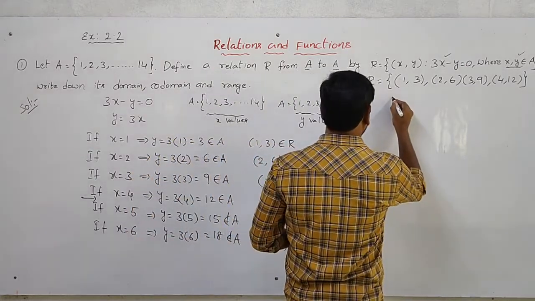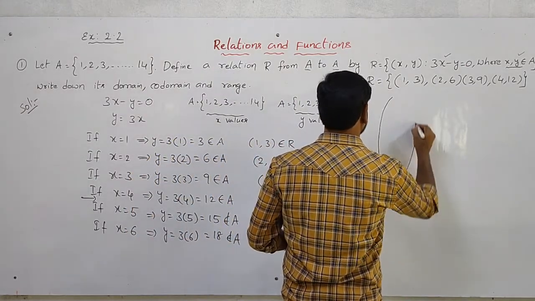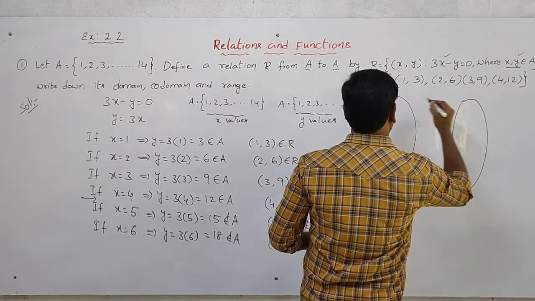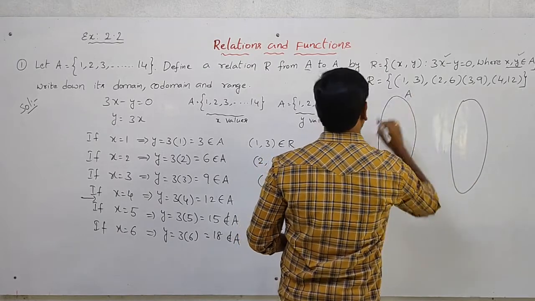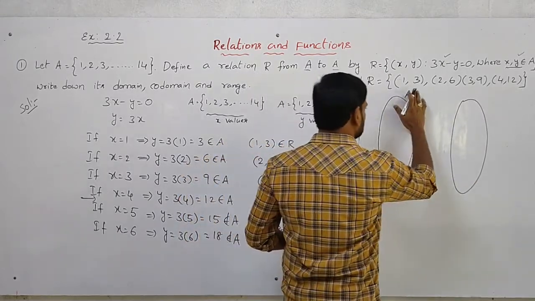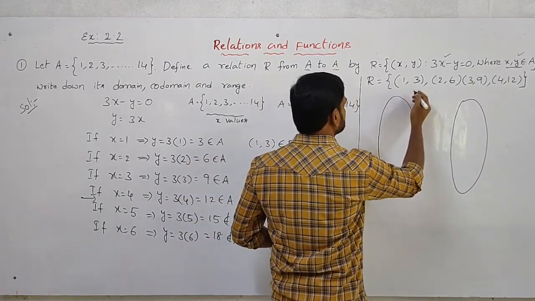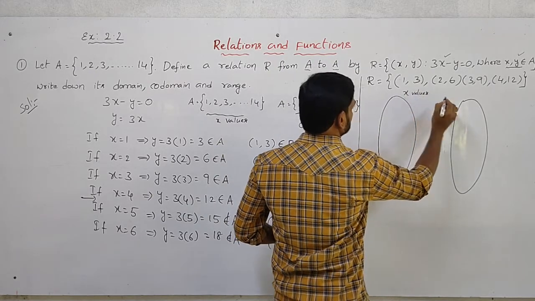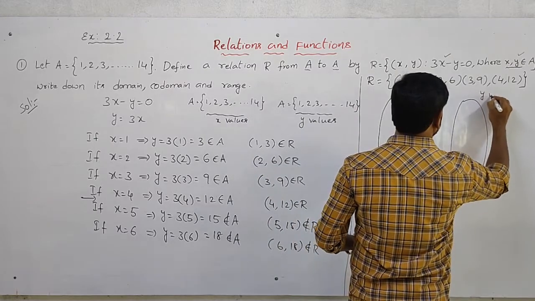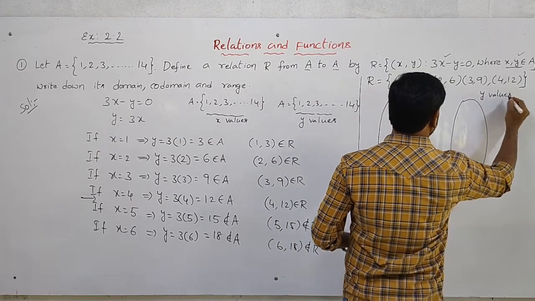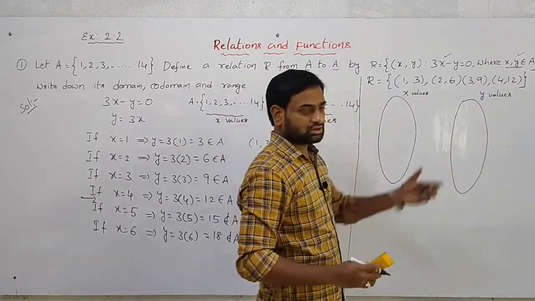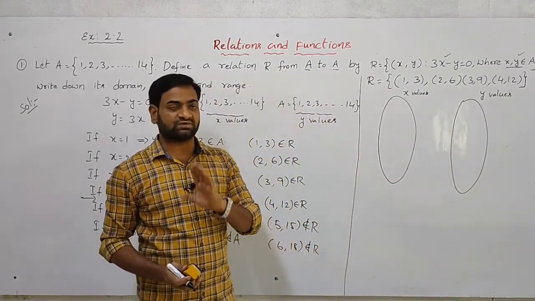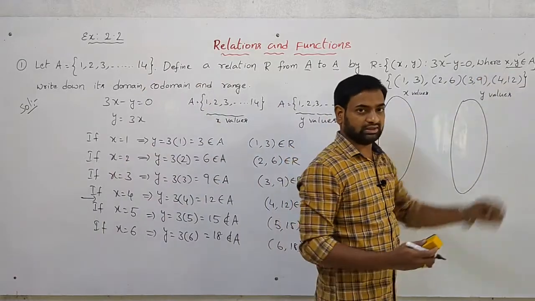Now see here, I am taking a mapping. For better understanding purpose, I am taking the mapping. This is A. First I am taking the X values, and these are the Y values. The X value and Y value are compulsorily from A only.